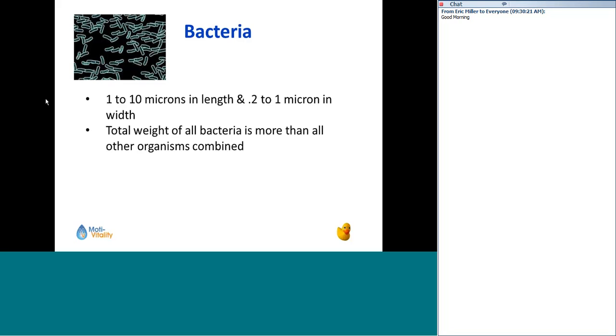If these guys got together, I mean, they reproduce like crazy. They're just constantly making more of themselves. And if they got together, think about this. The total weight of all bacteria is more than all other organisms on Earth combined.